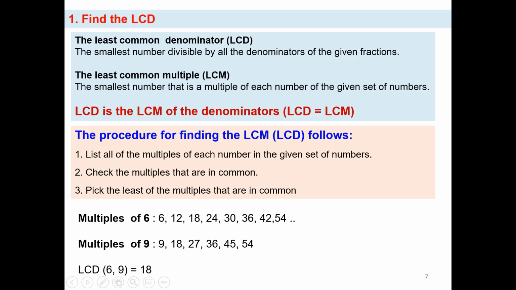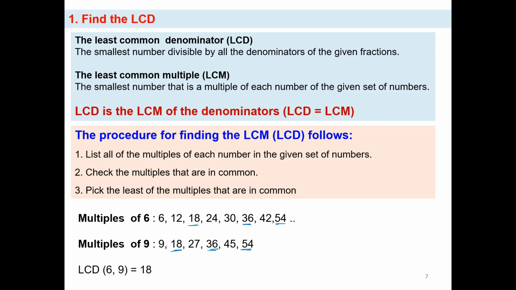Then we list the multiples of 9: 9, 18, 27, 36, 45, 54. We can list just some of them. Now we check which multiples are in common: 18, 36, 54.